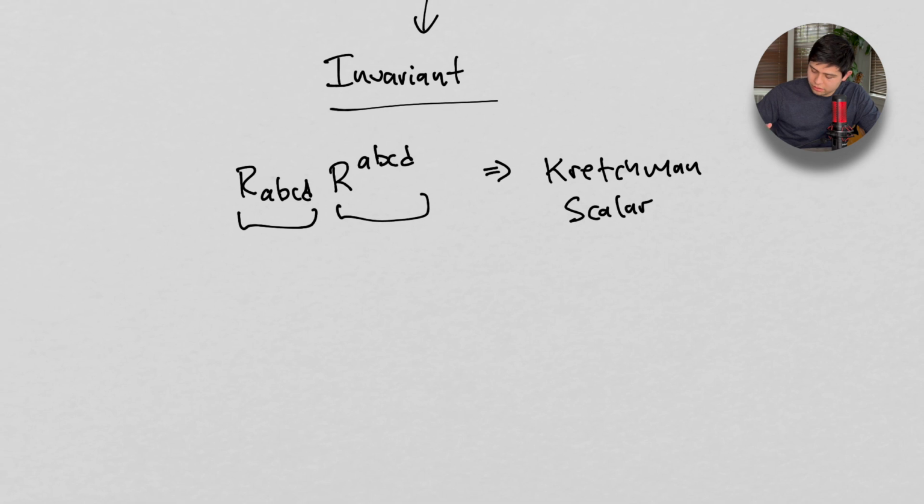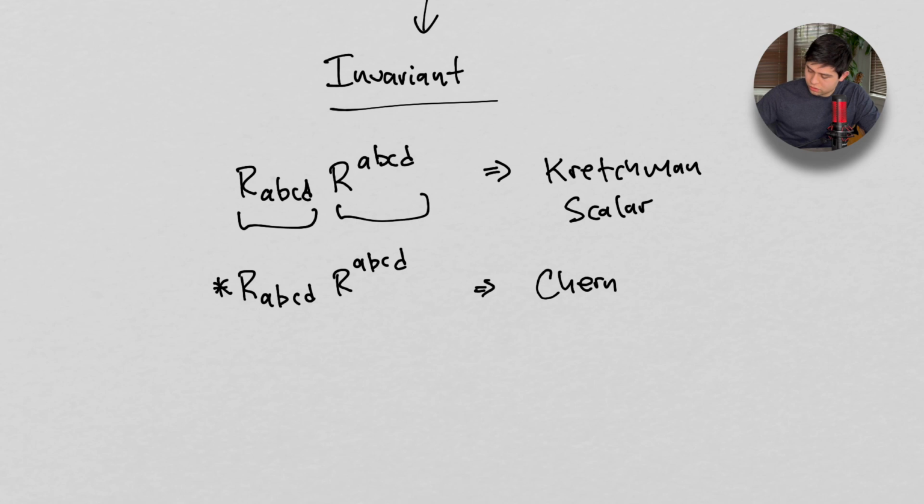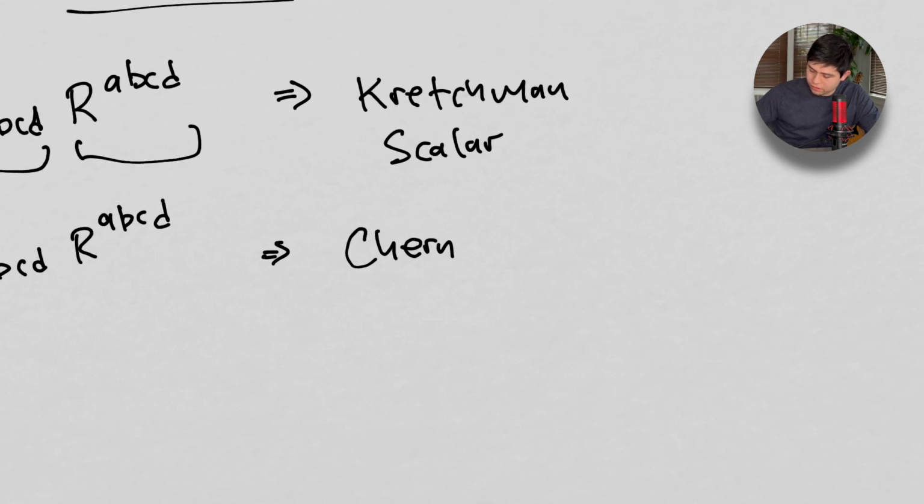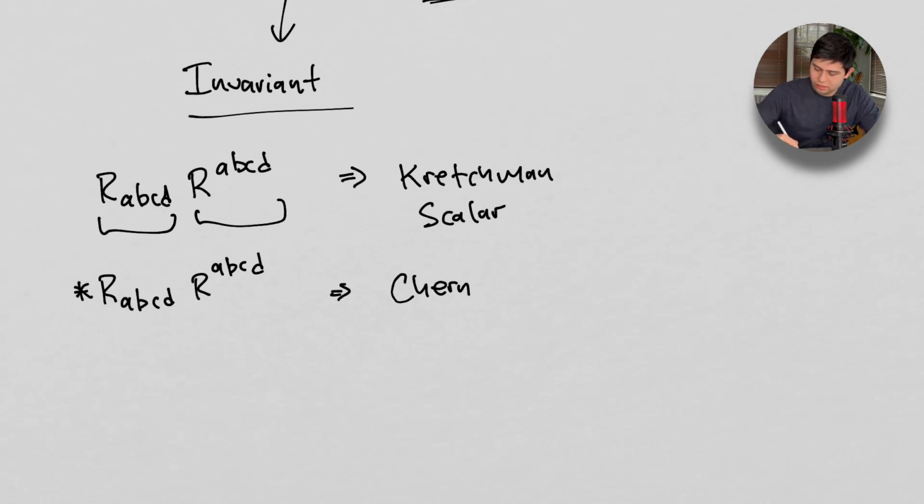Another one is when we consider the dual of one of them, and then we contract. This is going to be our Chern-Petrov, I think. Actually, don't quote me on this. I can't remember what the second name of this guy was. But we'll just call it the Chern scalar for right now.